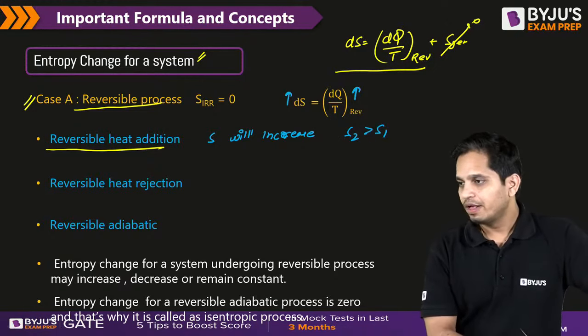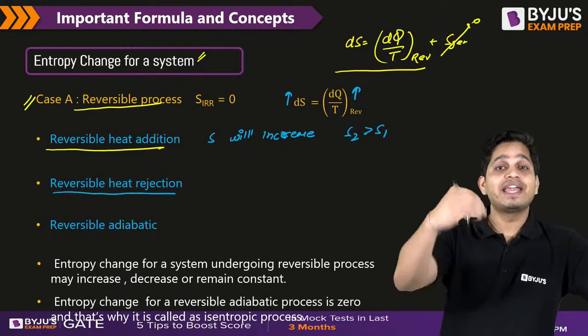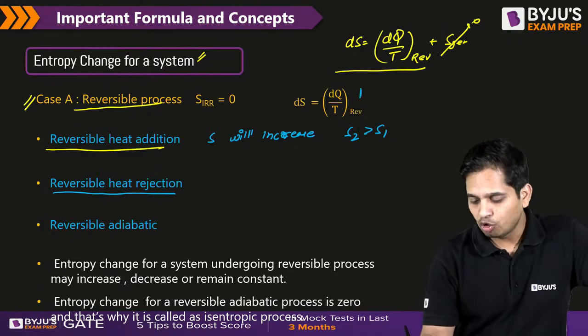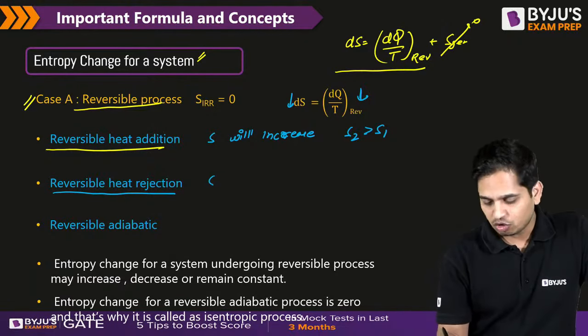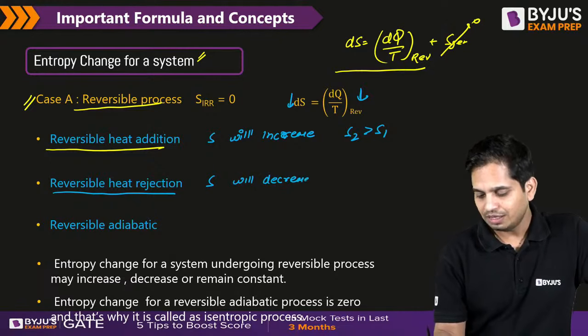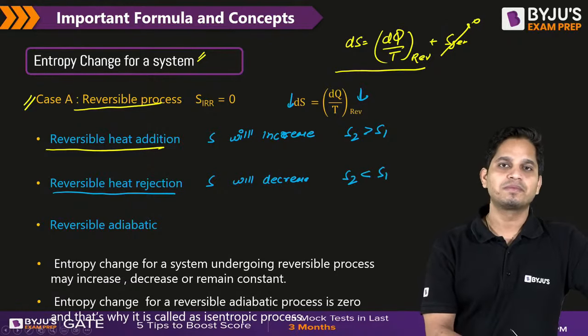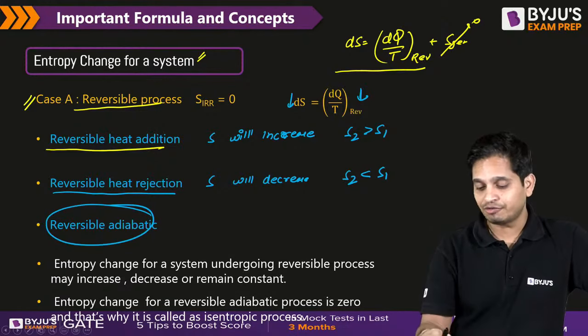Okay. Then reversible heat rejection. I am taking out heat. Now dQ is going to decrease, so entropy is also going to decrease. So S will decrease. That means final entropy will be less than initial entropy. And reversible adiabatic means no heat transfer.